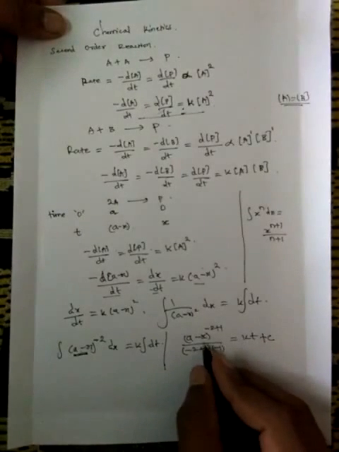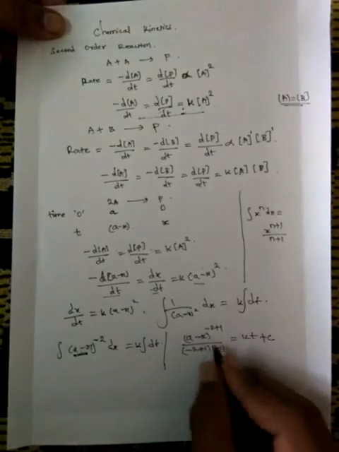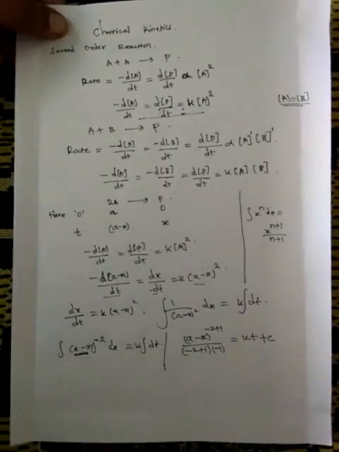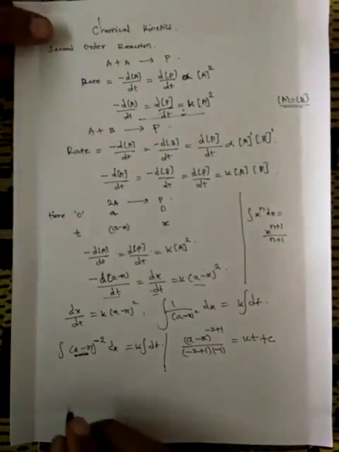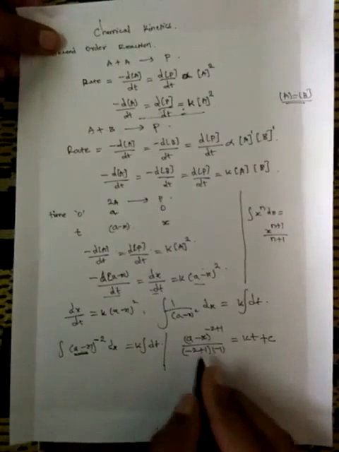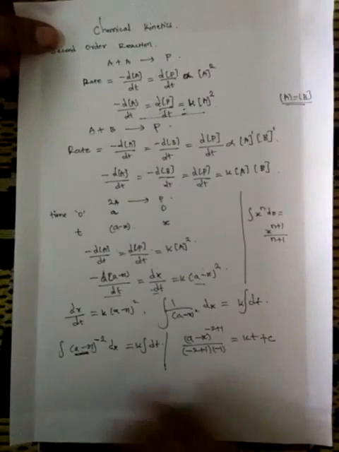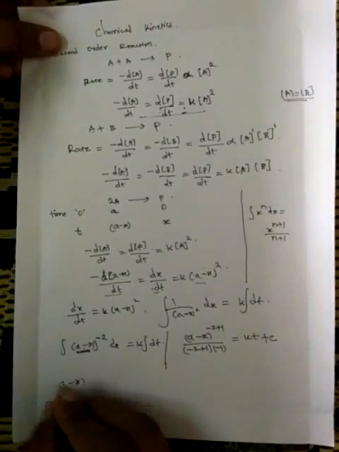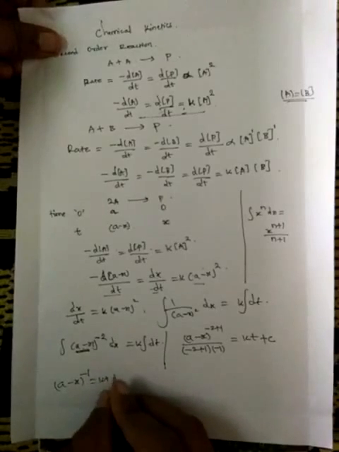Then how does this look? This equation will become, this is minus 1, this is minus 1, so plus 1, this is (A minus x) inverse 1 equals kt plus c.